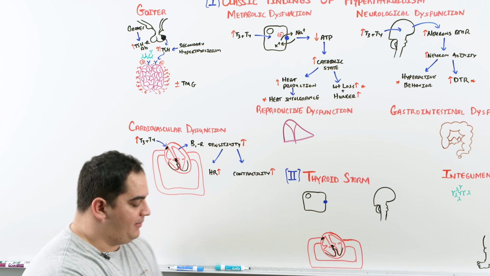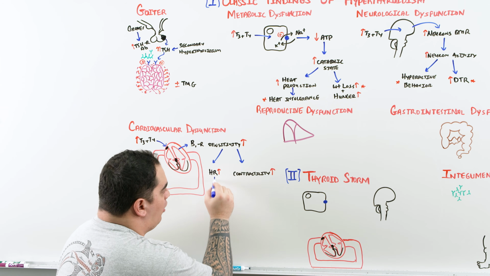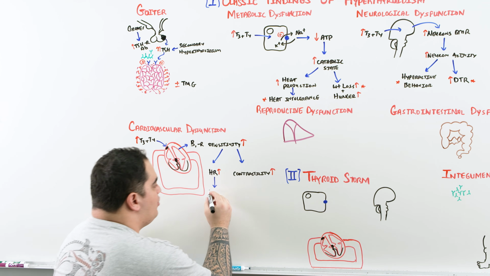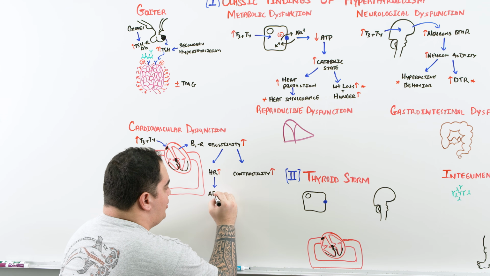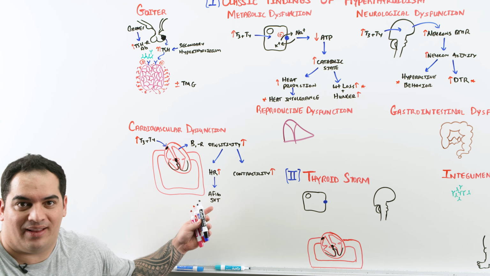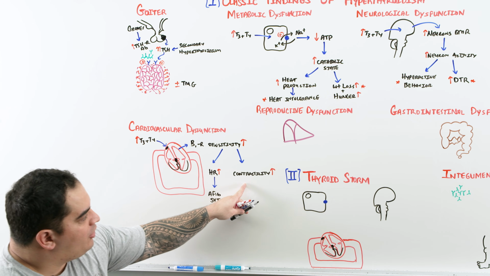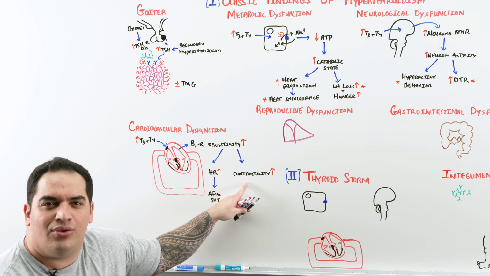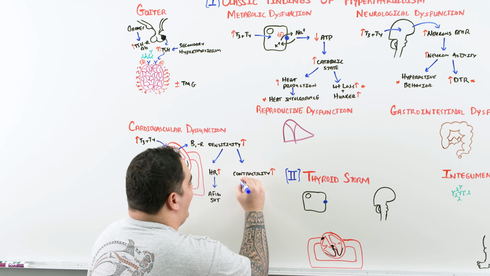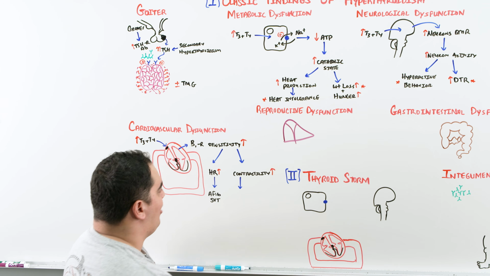But oftentimes in these patients with increasing heart rate, the most common manifestation is usually they may present in atrial fibrillation or in an SVT. And so that's something to definitely think about. The other thing is that when your contractility is really high, what does that do to your cardiac output? Do you guys know? Well, it actually increases your cardiac output.